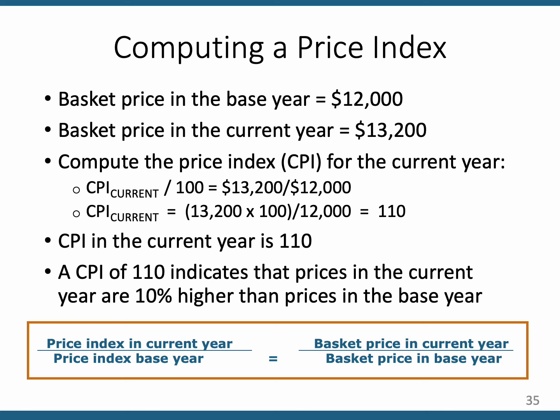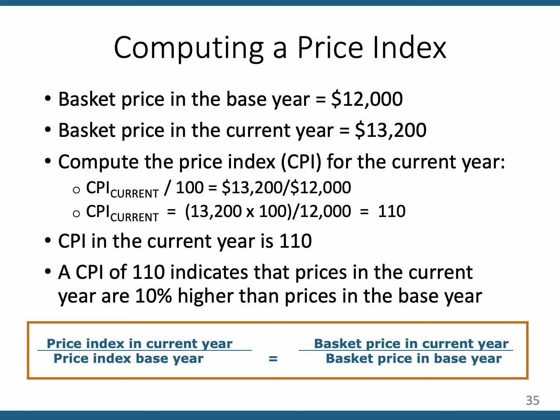So the price index in the current year, which is what you're looking for, divided by the price index in the base year, well, we know that's 100, right? We already said that. It's always going to be 100 in the base year. That should be equal to the basket price in the current year, which we're being told is $13,200, divided by the basket price in the base year.